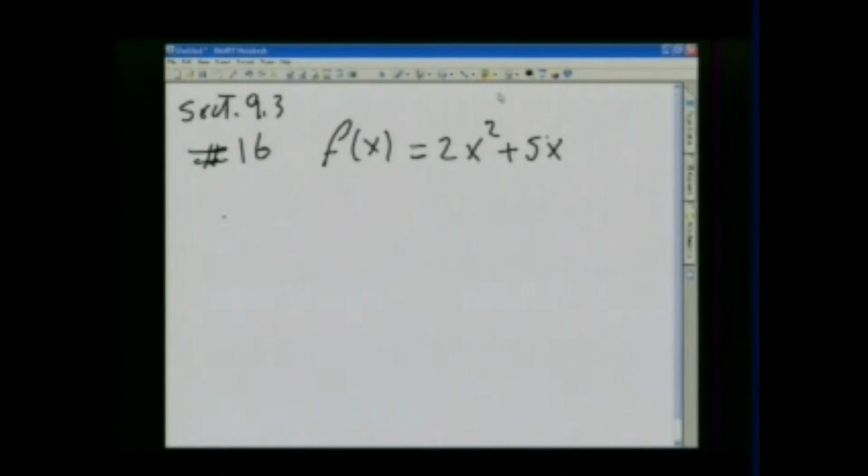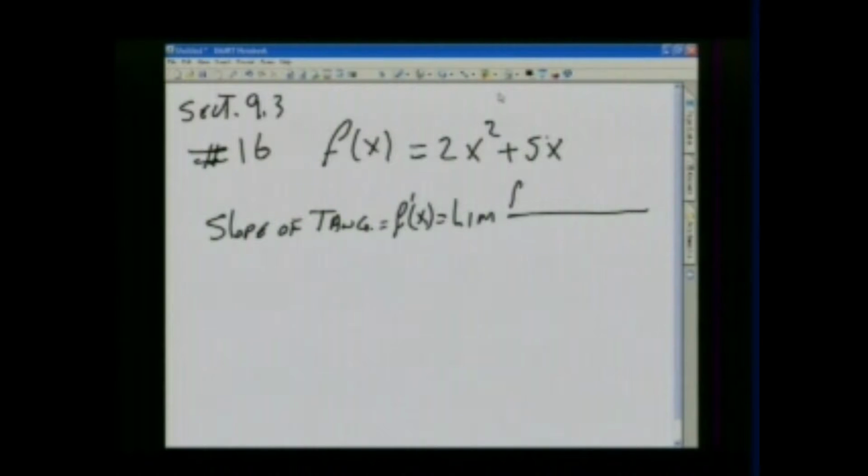Here we say the slope of a tangent line is the same as f prime of x, which is the notation for derivative, and it is equal to the limit of this function, f of x plus h minus f of x divided by h as h approaches 0.